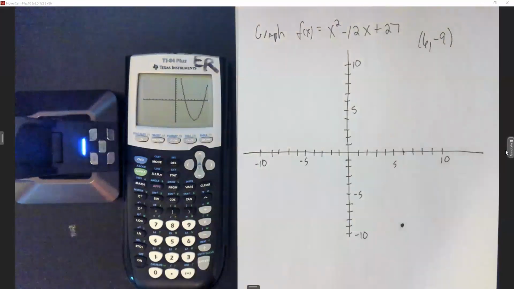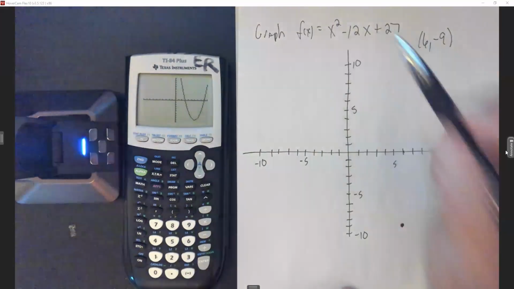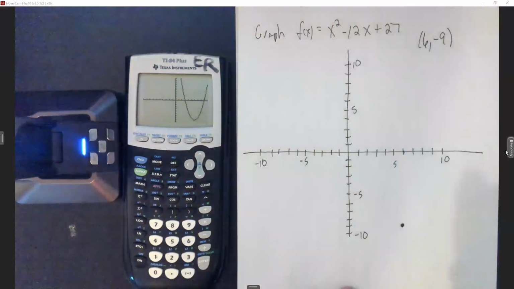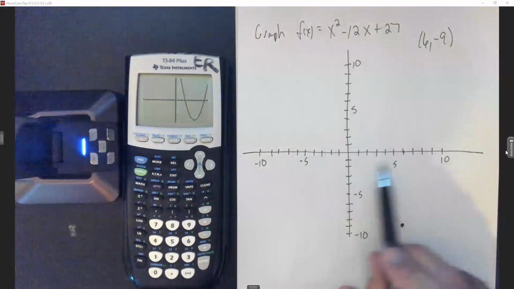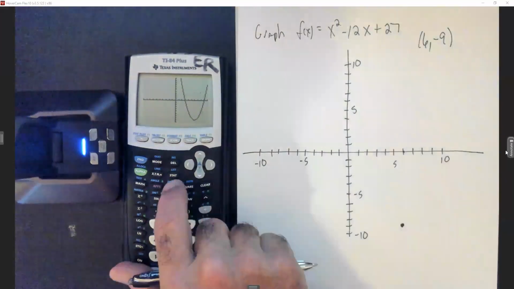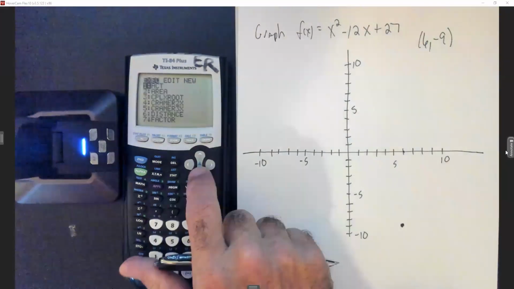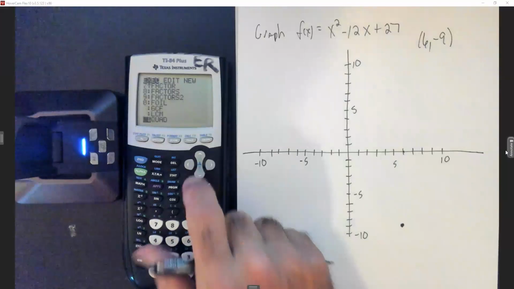Y'all, here's the trick. Now, I need to find some more points on this because I've only got 1 point, and I need at least 3 points to graph these parabolas. So what I would do maybe to get my other 2 points is solve this equation and find the zeros where it's crossing over that x-axis. So one quick way would be to use that quadratic formula program I gave you. So I'm going to go to my quad and then run that.